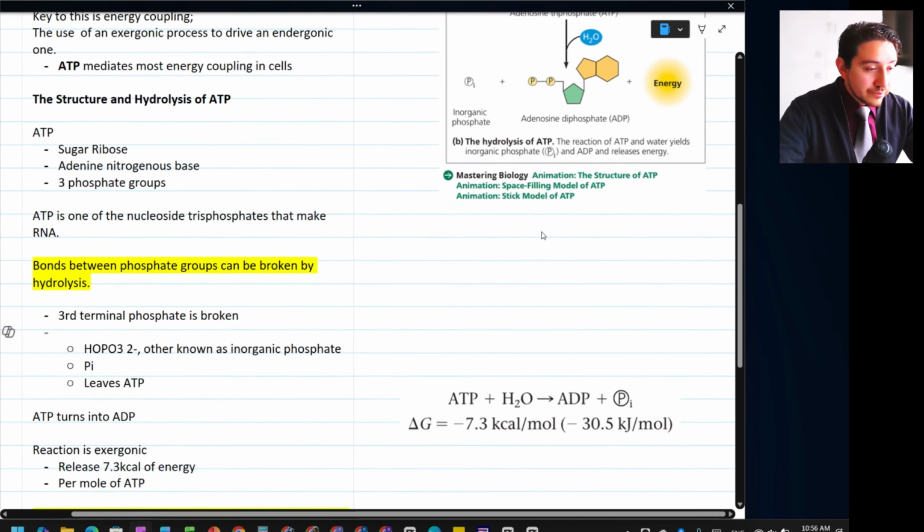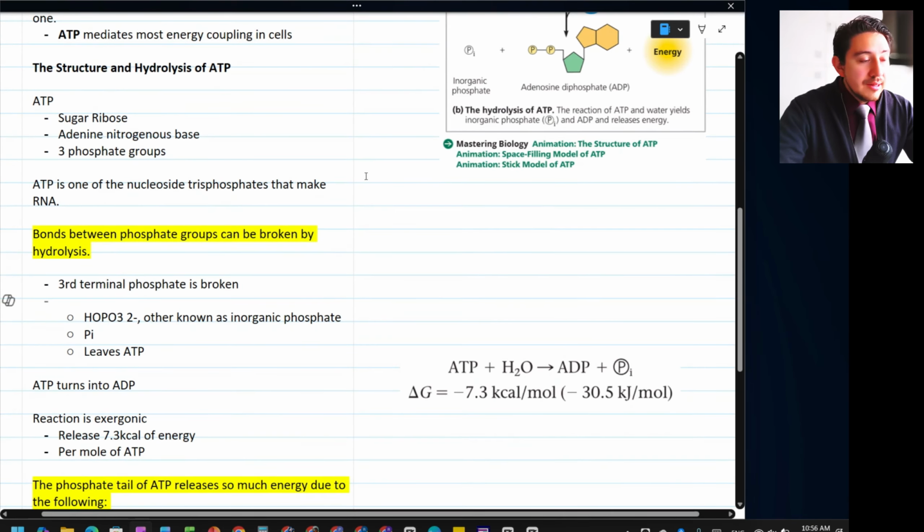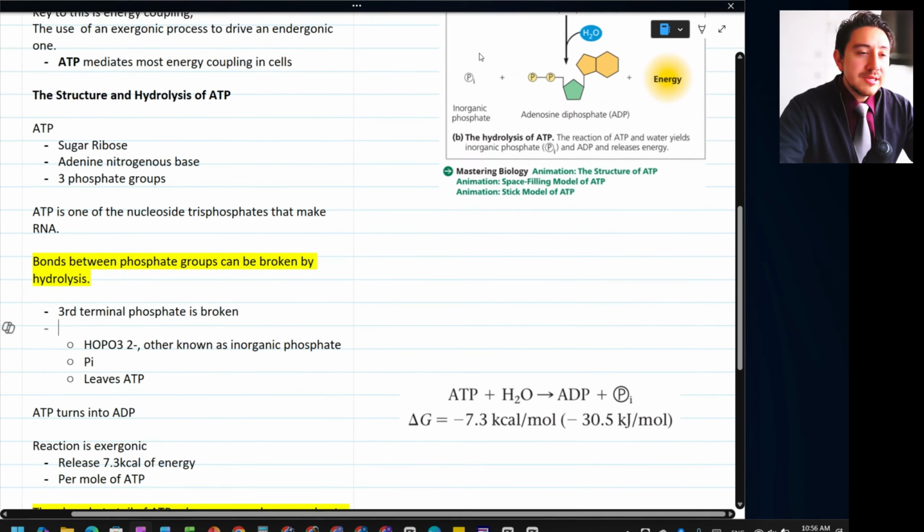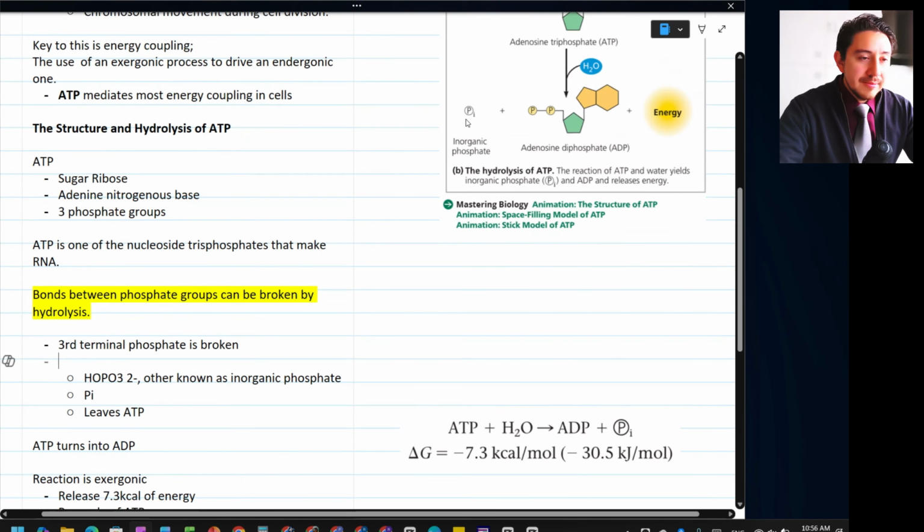And that last phosphate gets released, gets hydrolyzed, it's broken out. Whenever you have this phosphate just floating around, it is known as inorganic phosphate, and you're going to see this conventional depiction of inorganic phosphate as P sub i.